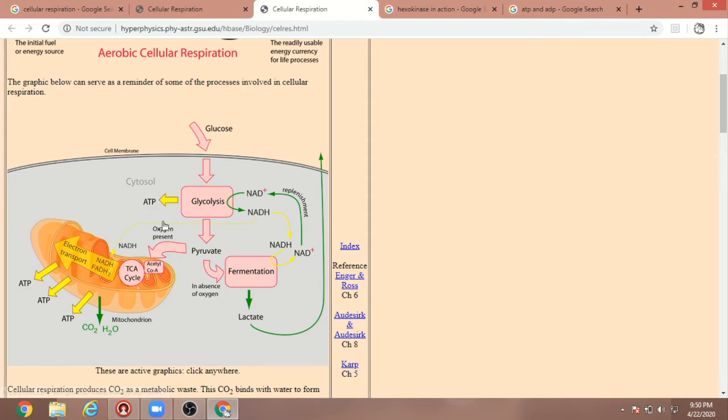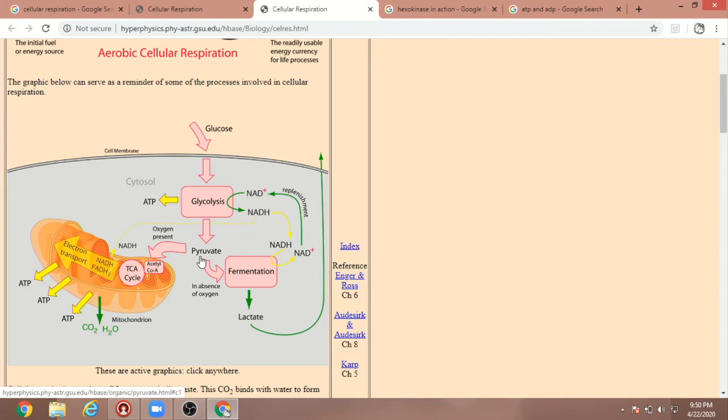All right. And so basically, again, if you have oxygen, then after glycolysis, pyruvate will go through the Krebs cycle, the citric acid cycle, and the electron transport chain and make a ton of ATP.